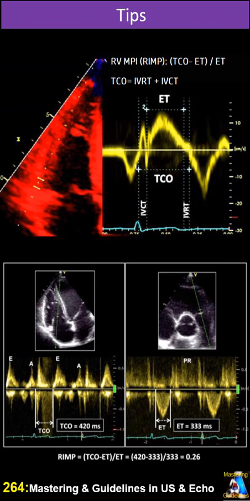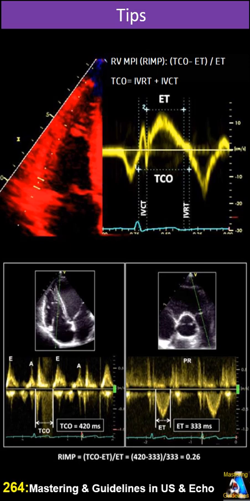Right ventricle myocardial performance index or RIMP can be evaluated by two techniques. One of them is tissue Doppler, another is pulse wave Doppler. For the tissue Doppler, we put it on TDI tissue Doppler and then put the sample volume at the lateral tricuspid annulus, and then we measure ejection time and IVRT and IVCT, or time of closing and opening of the tricuspid valve.